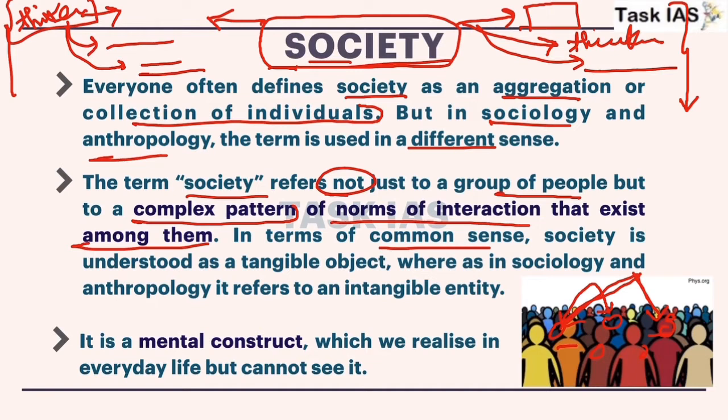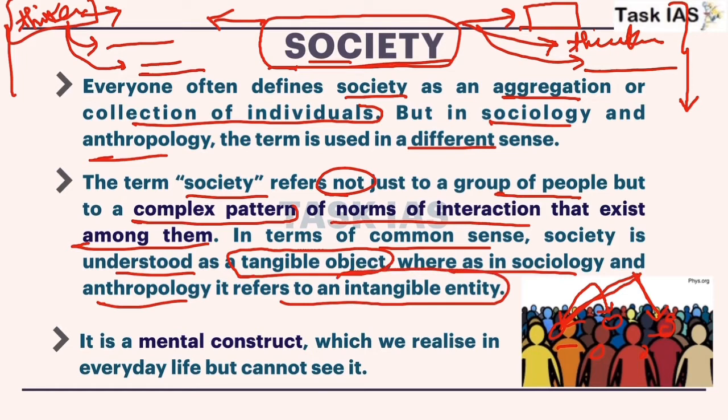In terms of common sense, society is understood as a tangible object, that means whatever we can observe directly, whereas in sociology and anthropology it refers to an intangible entity. Society can't be observed just by physical means, but it has an inherent and deep meaning. There is something like a mental construct which helps in understanding social differentiation or social structure, which we realize in everyday life but cannot see.